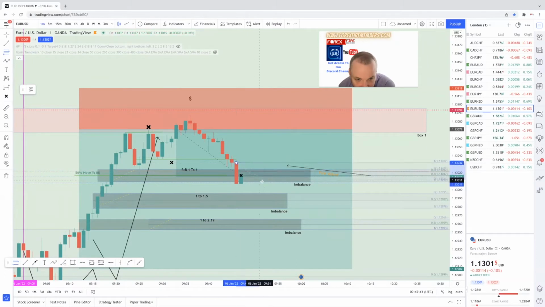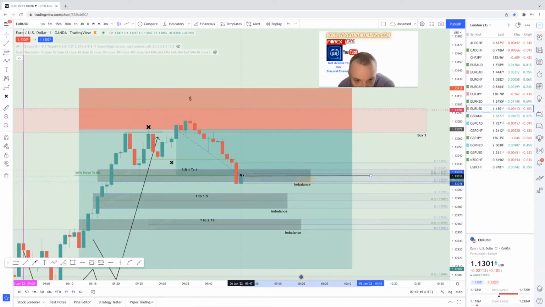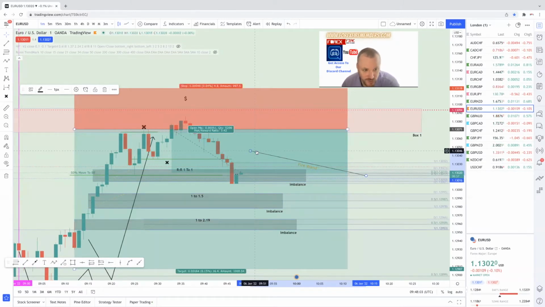Now, if we mark this candle here, okay, now we're starting to get a bounce back up into the 50% of this candle here. 50% on anything, it doesn't matter what time frame it is, holds a lot of weight with regards to trading, okay?